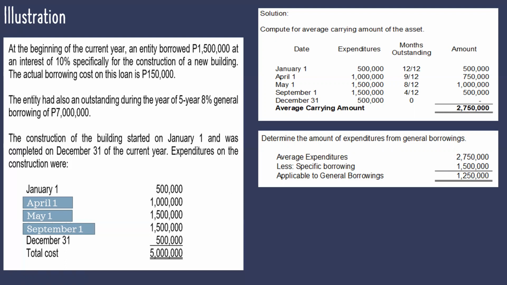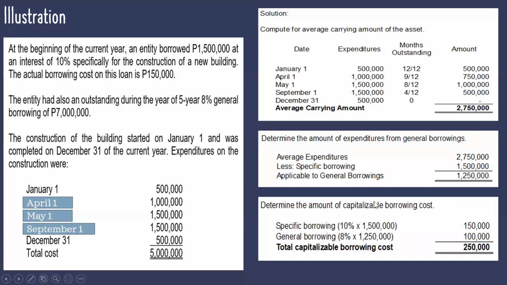So if the average expenditures of this construction is 2,750,000, tapos 1.5 million is coming from the specific borrowings. So in short, what is just applicable from your general borrowings is 1,250,000. So ibig sabihin, class, only 1,250,000 was used from the general borrowings.